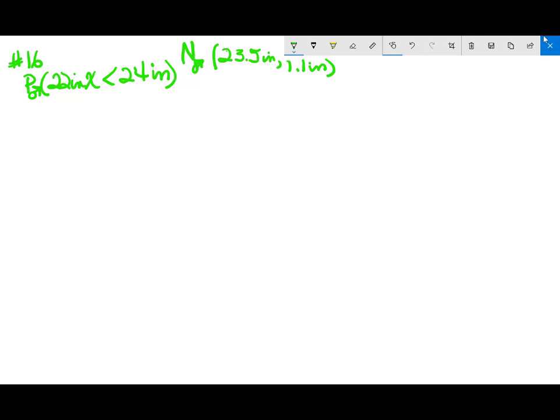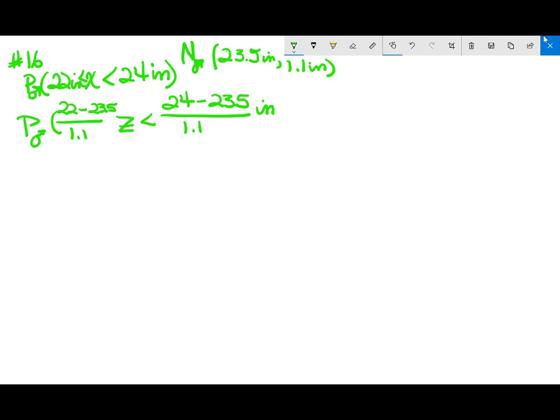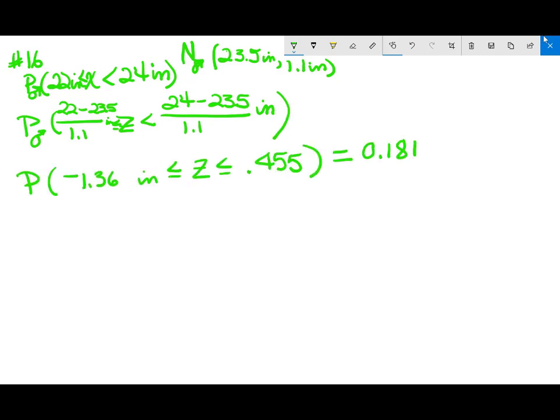Okay, so this is a betweener. The first thing I want to do is find the probability that my z-score is between 24 minus 23.5 divided by 1.1, and my units will be inches, and 22 minus 23.5 divided by 1.1. Now let's do that math.